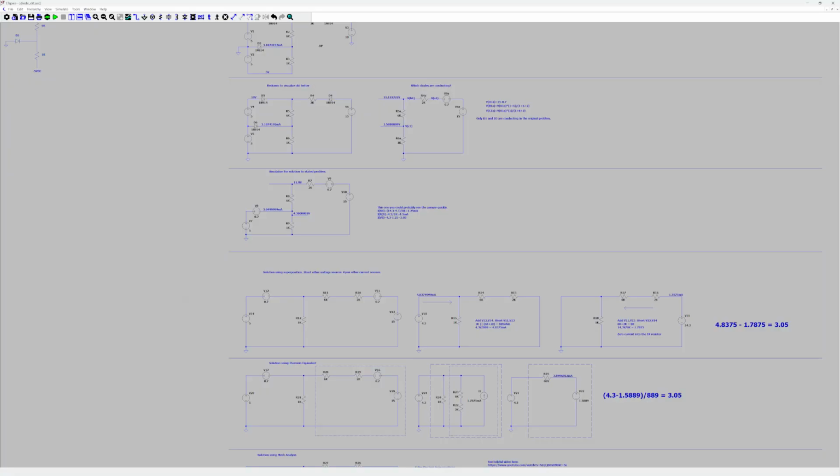Let's see. Oh, one last thing. There is an interesting video. If I find it, I'll put it in the description too. MIT professor Lewin did a video some time ago saying Kirchhoff's voltage law is wrong or something like that. And he did a demonstration that showed that the same circuit didn't work one way versus the other way.